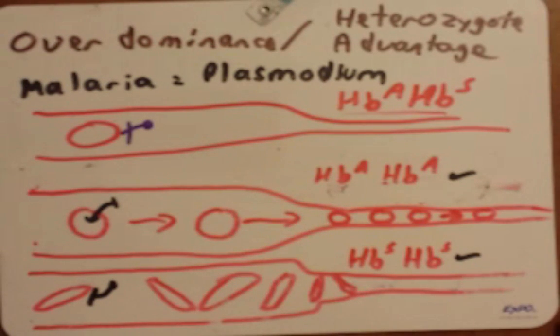So that is heterozygous advantage. So be able to recognize this if I were to ask you a problem, not about sickle cell anemia, but about another disease or condition where the individual had some sort of advantage as a heterozygote.